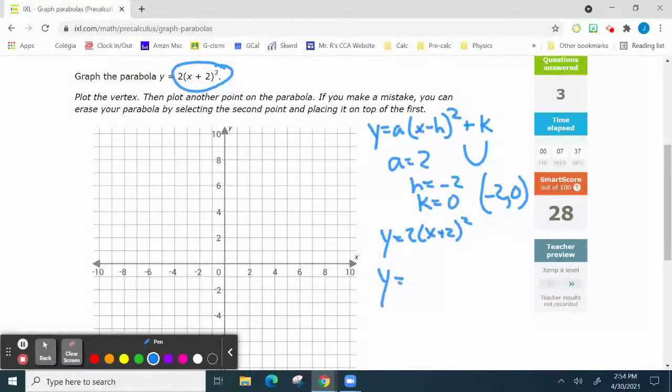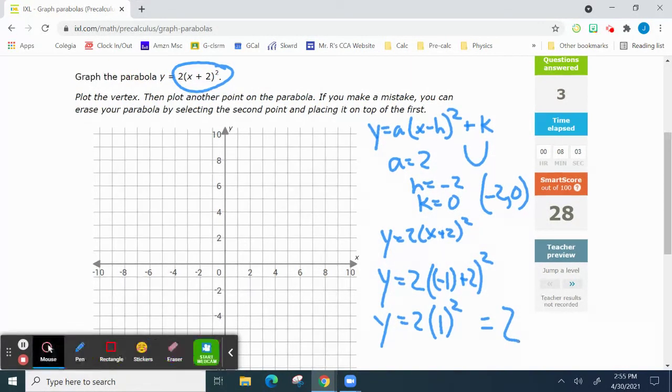We're going to go y equals 2 times negative 1 plus 2 squared. So y equals 2 times negative 1 plus 2, which is 1 squared. So when x equals negative 1, y equals 2. So now we'll go in.